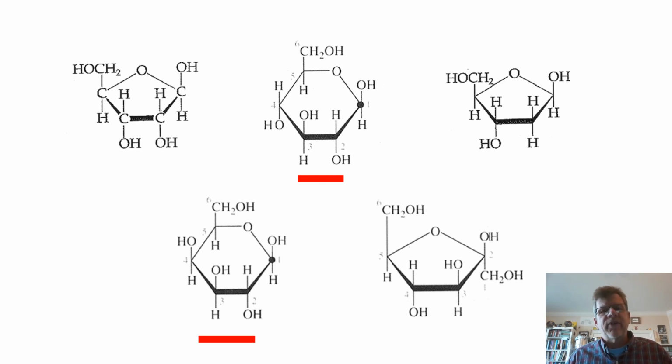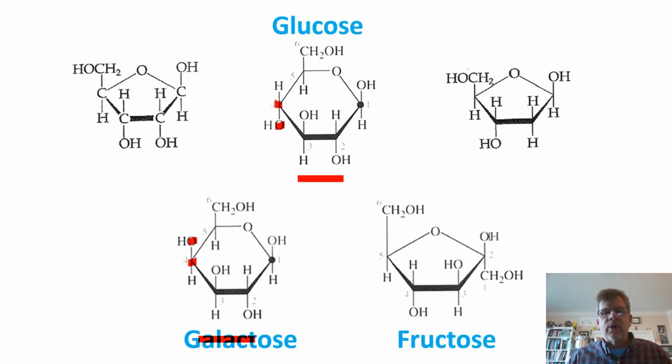So all we'd have to remember was, in this case, that our glucose had our C4 hydroxyl way over on this side downward, whereas galactose had that C4 hydroxyl upward. So we could immediately identify those two.